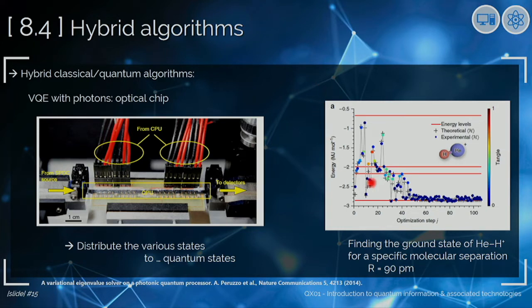So now, for instance, this is the energy you want to reach. So this is the number of optimization steps. At first, you are very far from the result, and then as you go through, so this is optimization step 1, then detectors, calculation in the CPU, we make modification, and then we send the photons again, optimization, and then after a certain number of steps, here about 40 optimization steps, so loops, quantum classical, at the end we converge.